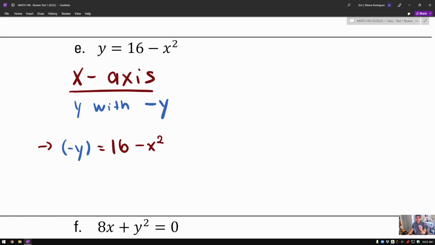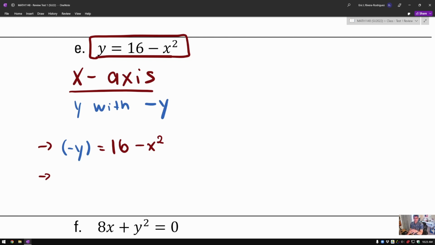Because I want to compare the resulting equation after the replacement with the original equation. The original equation is the one given in the exercise. We are going to compare our result with y equals 16 minus x squared. If they are equal at the end, then the test is successful. Therefore, there is a symmetry with respect to the axis that we are testing for.